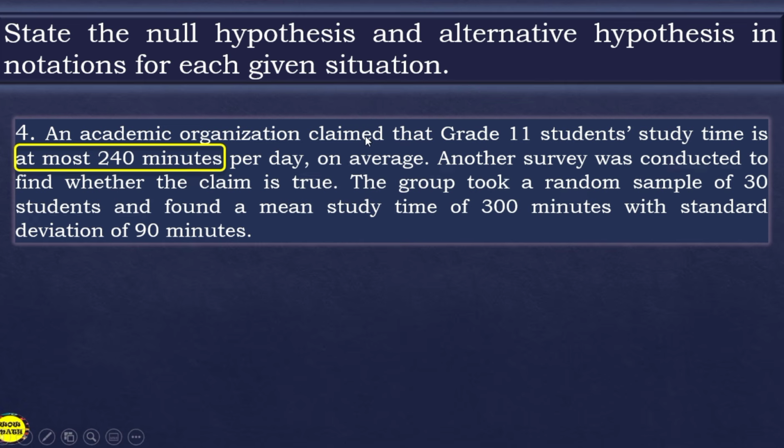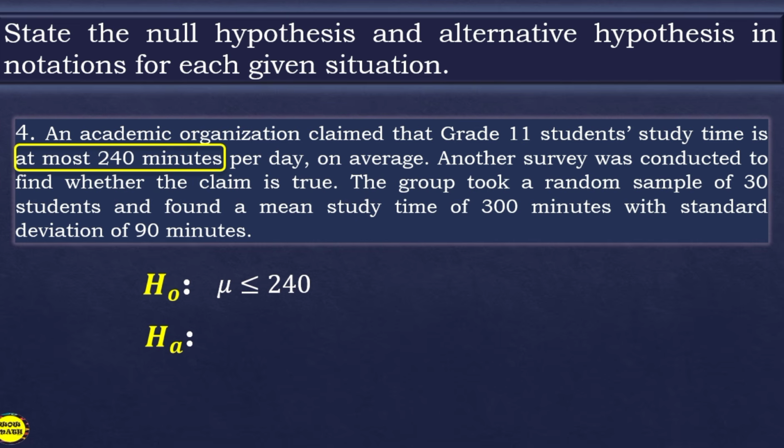The academic organization, so claim nila at most 240 minutes. So therefore, yung parameter natin dito is yung claim nila na at most 240 minutes.